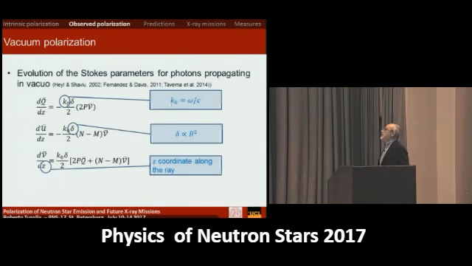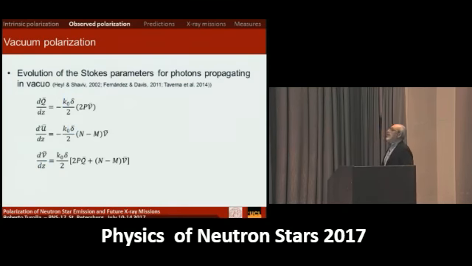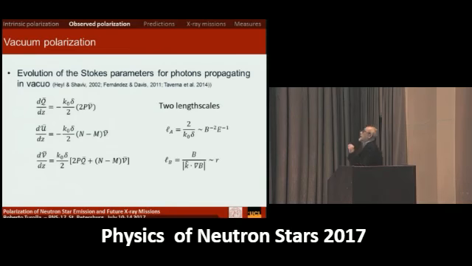A few words about the different quantities which enter in these equations. k_0 is just omega over c, the photon frequency, so this is the photon wave number. The quantity delta is proportional to B squared, and of course z is the coordinate along the ray. In order to see qualitatively how the Stokes parameters change along the ray, one should note that their evolution is governed by two length scales.